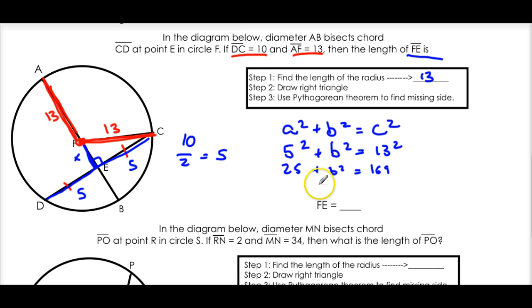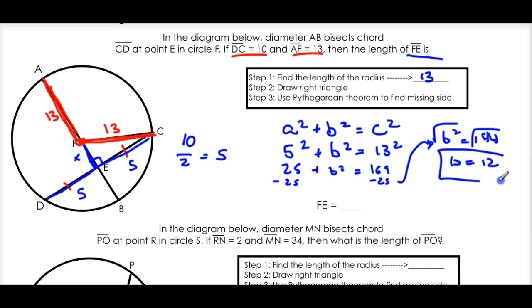I'm going to subtract 25 from both sides. Follow me up here, and I get B squared is equal to 144. Solve it out. Let's take the square root, and we get B is equal to 12. Okay, so we know our missing side length is 12, so FE has to be 12. This is a 5, 12, 13 triangle.